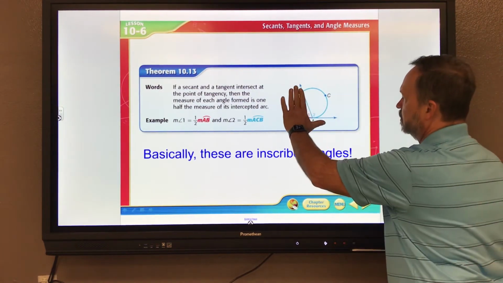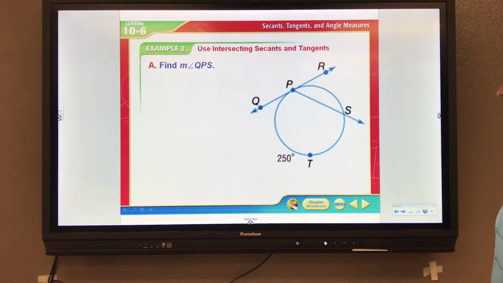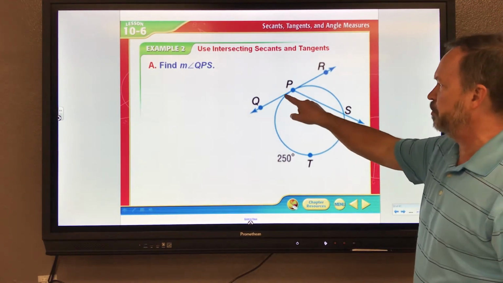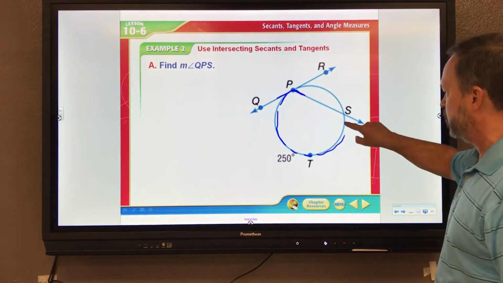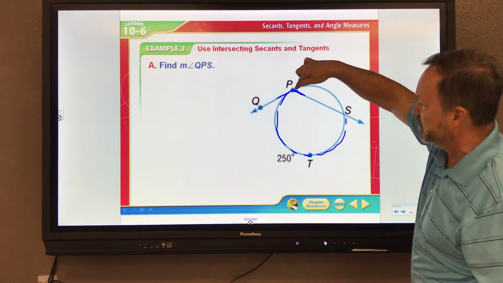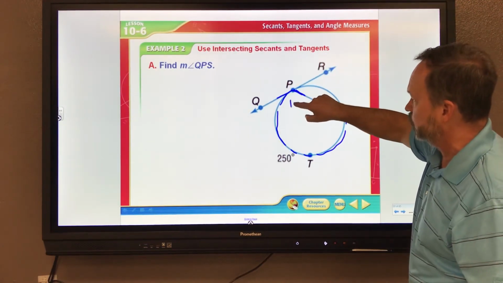So this will be 1/2 the intercepted arc. That's using old stuff in this particular case. They asked us to find the measure of angle QPS, which is this angle here. Its intercepted arc is 250. Since that's an inscribed angle, remember inscribed means the vertex is on the circle, it's 1/2 and double, so that's 125.